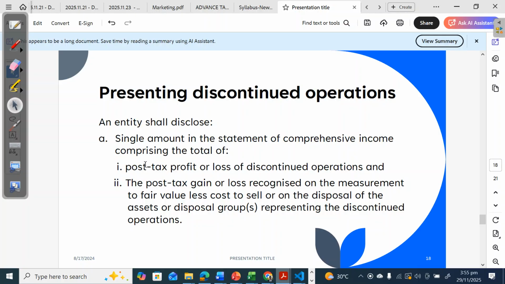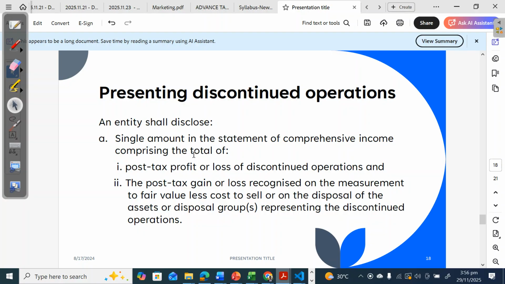So there are two things we have to look out for. One is the normal profit or loss from the time they started operation to the end of the operation. Then also, once we decide to sell it, it will be classified as held for sale, and we have to check for any gain or loss on disposal.